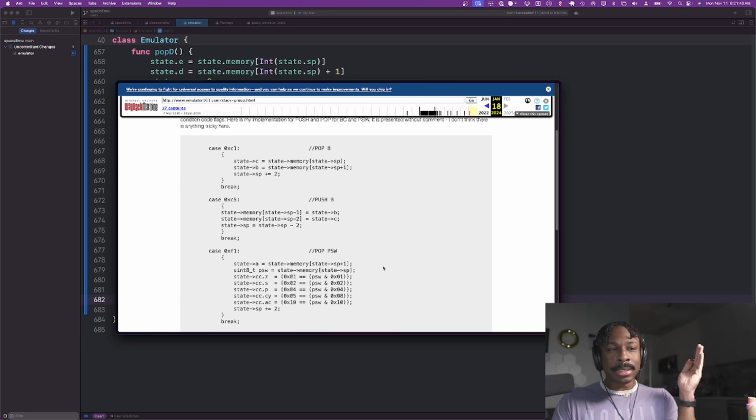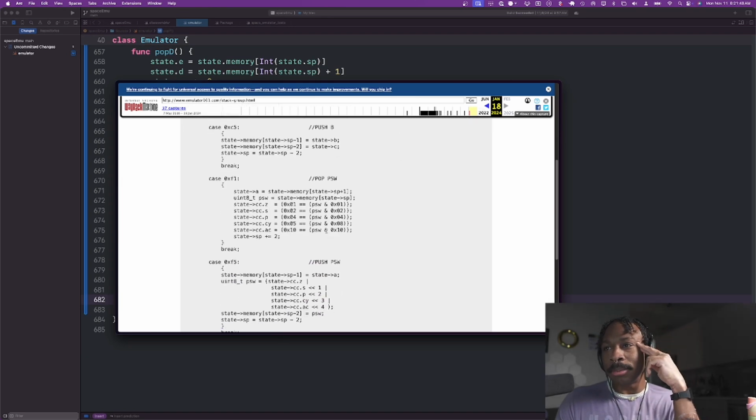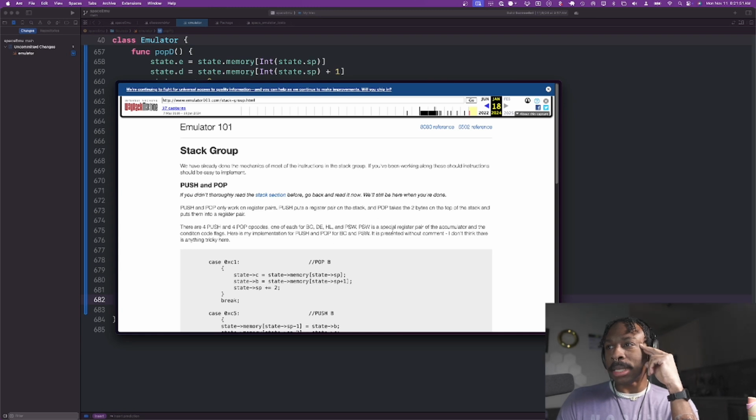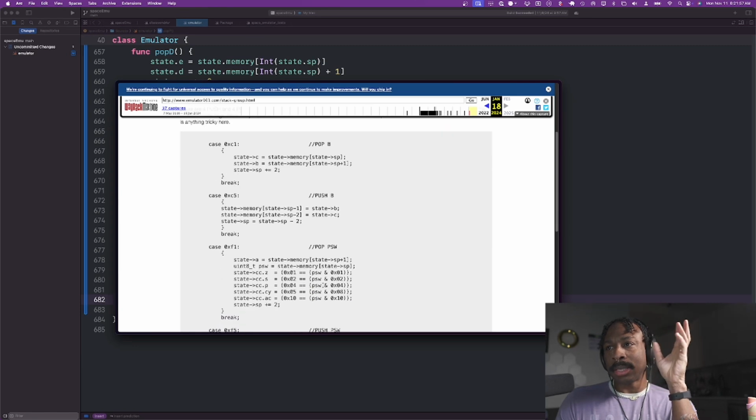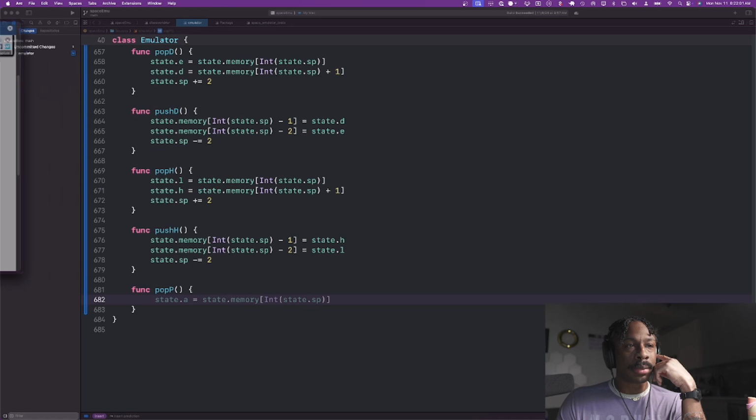But, you know, you live and you learn. I'm so stupid. Alright, anyway. So, for PSW, that is a special register pair of the accumulator and the condition flags. So it's going to affect a bunch of condition codes.